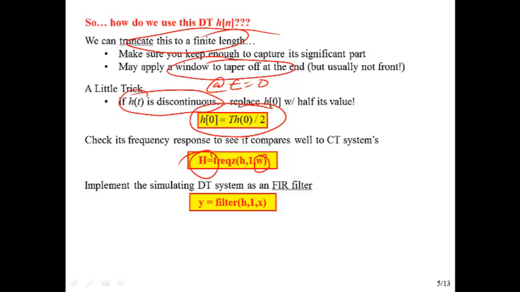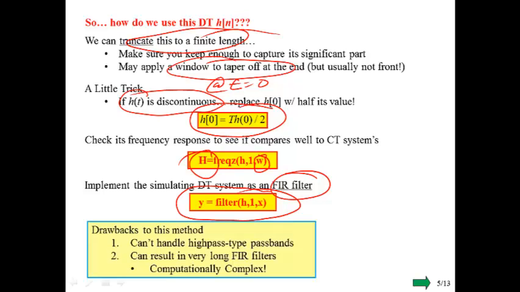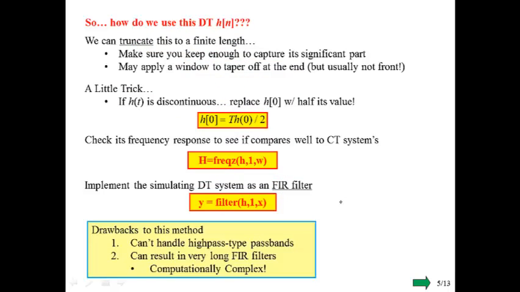We'd then look at that and say, does this look like what I think my continuous time system is doing? And then if we wanted to implement it, at least in MATLAB, we could use the command filter. But again, we're implementing it as an FIR filter. So that's the basic idea of what we're trying to do here. So as already said, the drawback to this is it can't handle high pass type pass bands, and it can also result in a filter that is computationally complex.